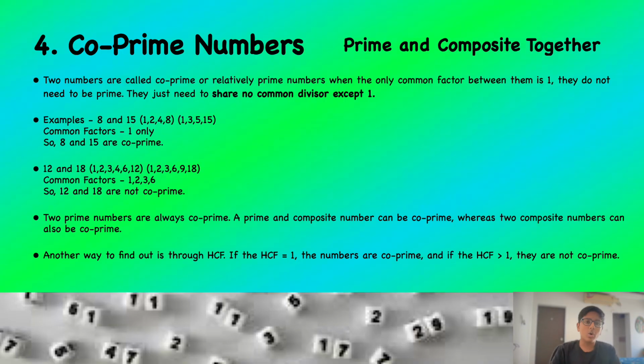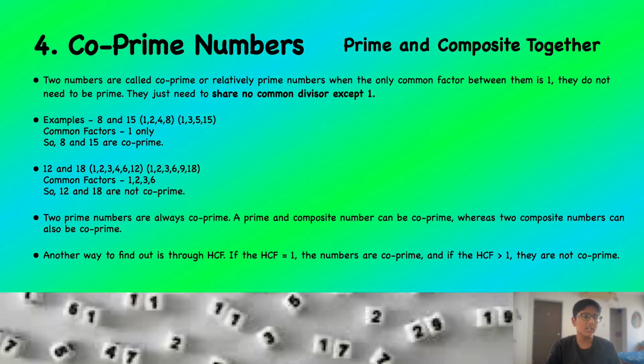Now, co-prime numbers, which means two numbers are called co-prime or relatively prime numbers when the only common factor between them is 1, and they do not need to be prime. Suppose we take 9 and 22. 9 has 1, 3 and 9.